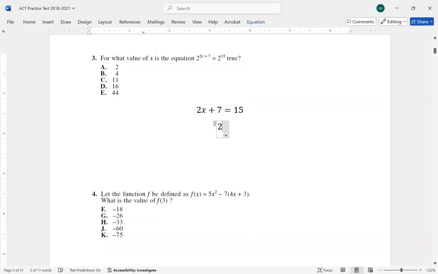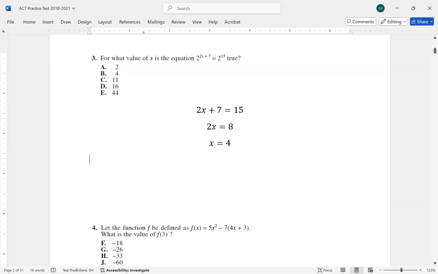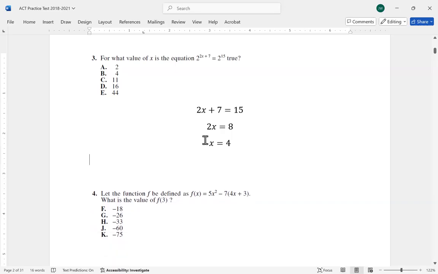And then solve that using standard methods. We start by subtracting 7 from both sides. That gives me 2x is equal to 8. Then I divide both sides by 2, which gives me x is equal to 4. So the value of x that makes the equation true is x equals 4. And that means the answer to question 3 is option B.